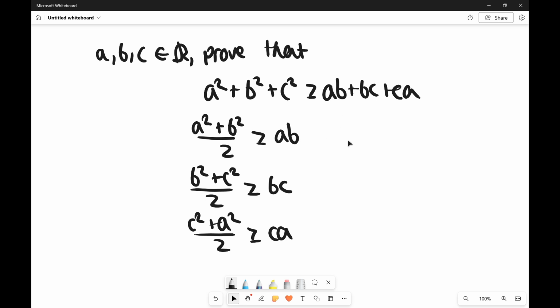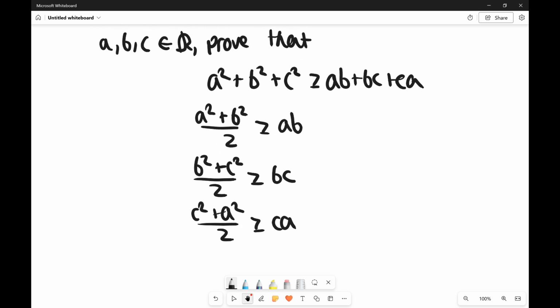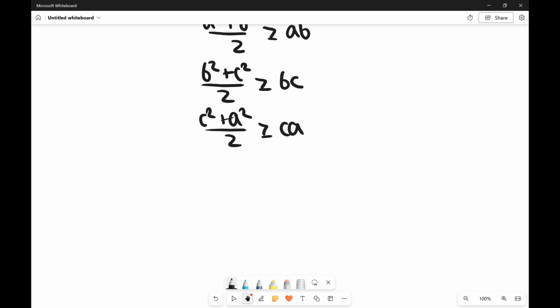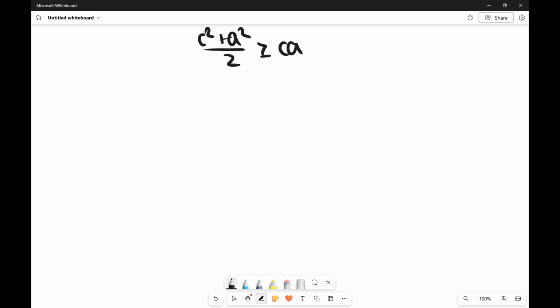All right, so now we can go ahead and talk a bit more about our next example, and maybe this will be slightly more motivated given the above. So now a, b, and c are positive real numbers.